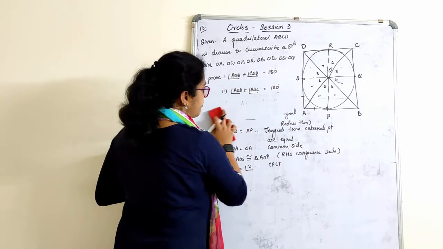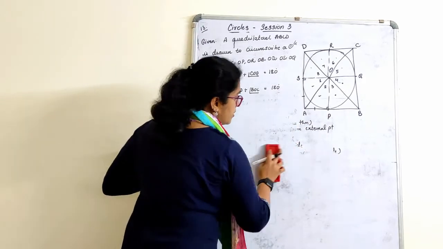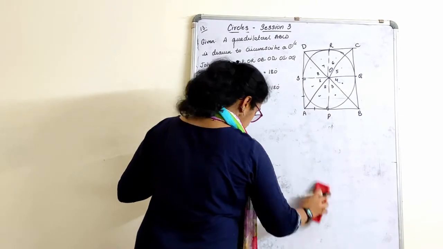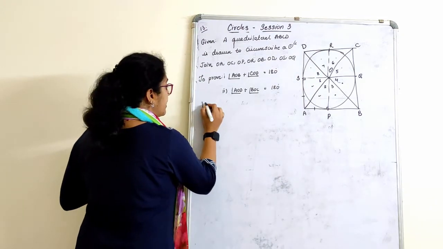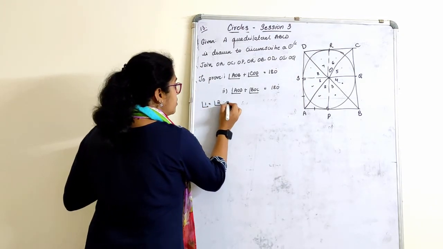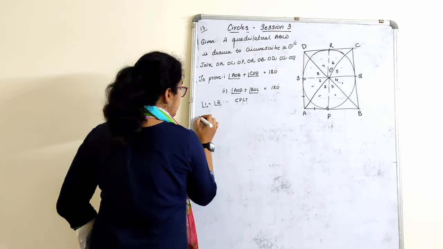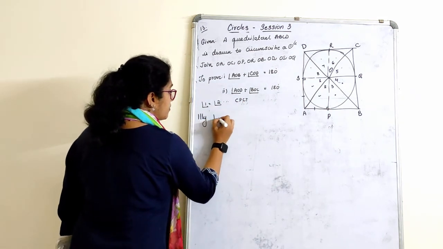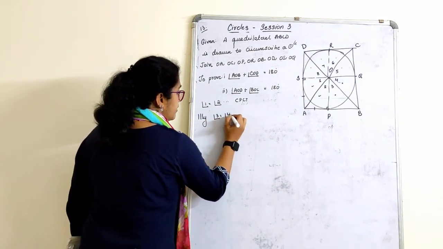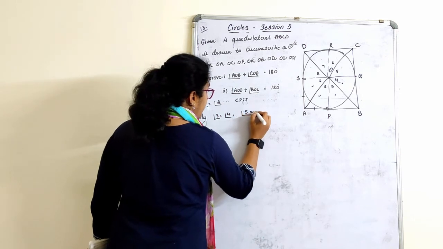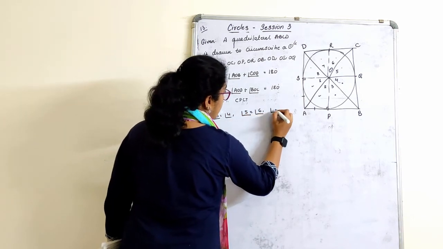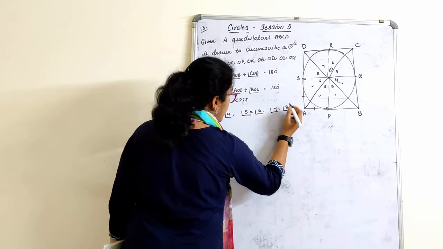We need not show that, we can only write it. So angle 1 is equal to angle 2, by CPCT. Similarly, angle 3 is equal to angle 4, angle 5 is equal to angle 6 and angle 7 is equal to angle 8.